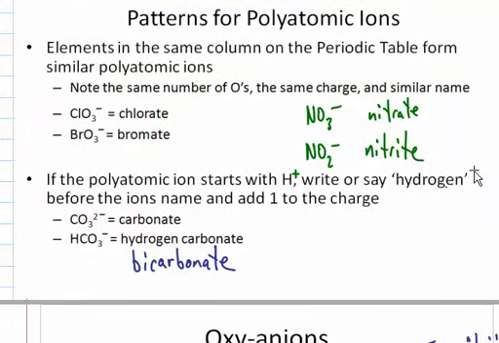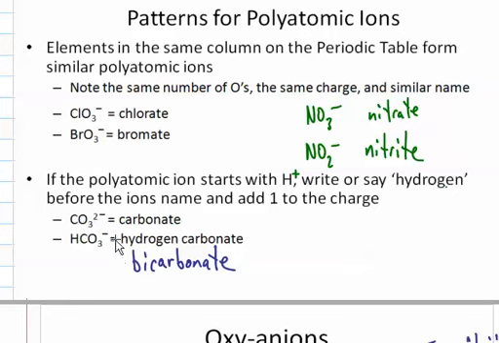Another common trend that we see with these oxyanions is that they can undergo a protonation event. That is, we can add an H+ ion to one of these oxyanions, reducing the negative charge by 1 when we do so. So carbonate with a CO3 2- charge, when we protonate it, that is, when we add an H+ ion to it, becomes HCO3- with a 1- charge.